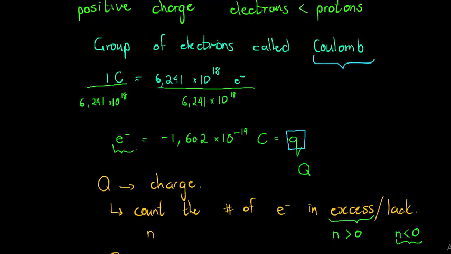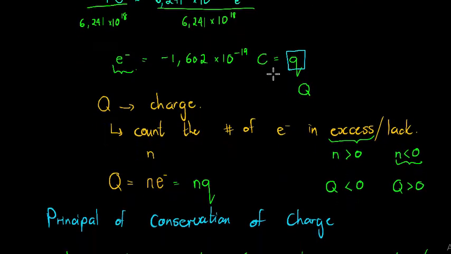So if I want to know the charge in coulombs of any object, I simply count how many electrons it has, or how many electrons it lost, and I call that N. If I gained electrons, N would be positive. If I lost electrons, N would be negative. Then I multiply N with this charge, and that gives me the charge on an object.